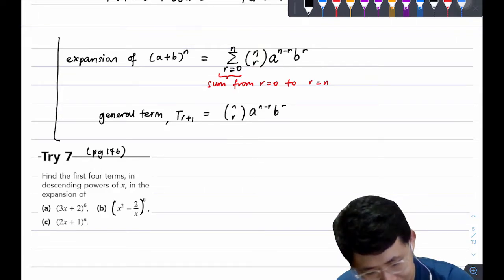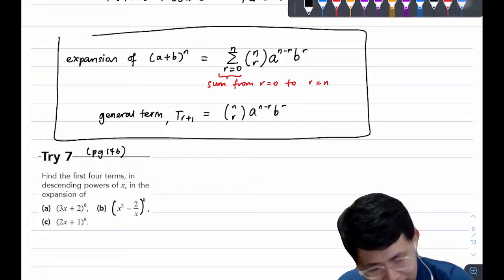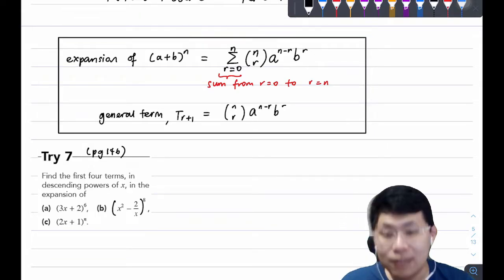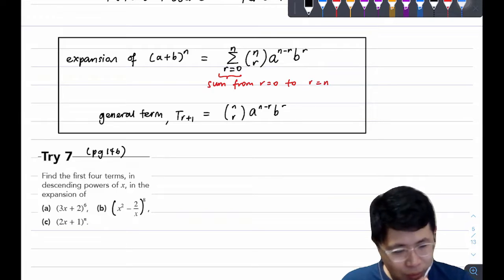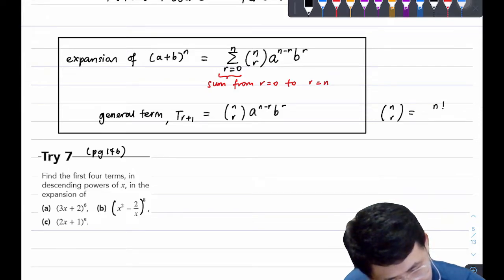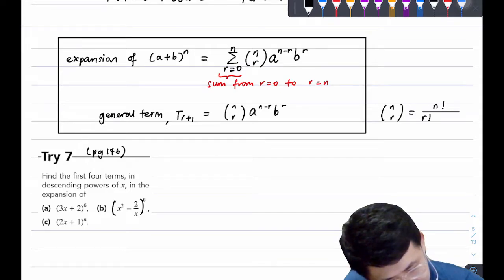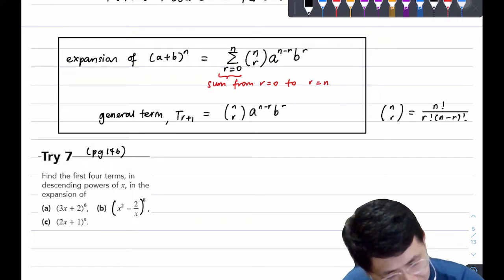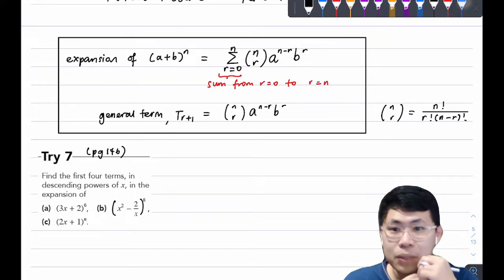This full chunk is our binomial theorem. At the same time, the definition of n choose r is n factorial over r factorial multiplied by n minus r factorial. This is the formula for n choose r, which we will be using later.